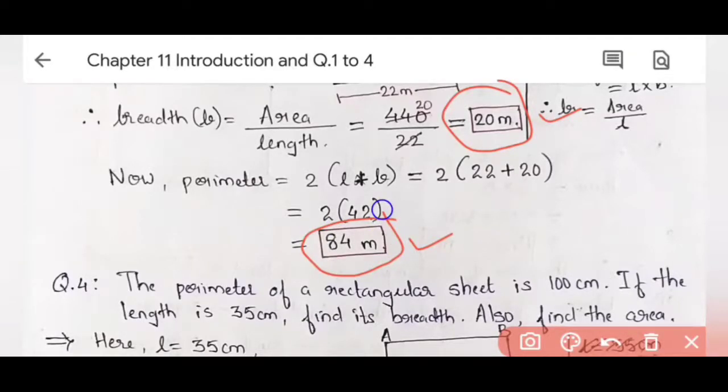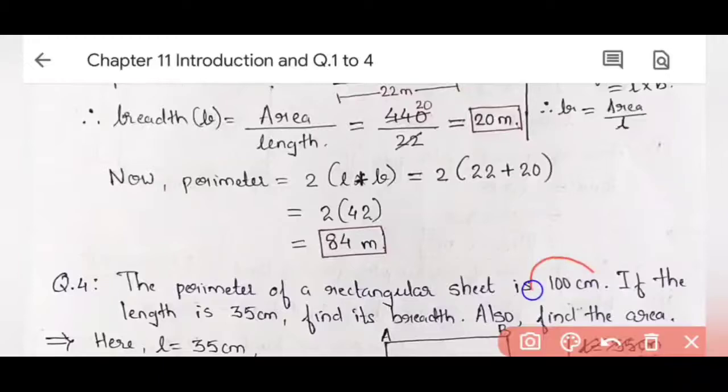Now moving to the next question, that is question number 4, which will be the last question of today's lecture. The perimeter of rectangular sheet is 100 centimeter. They have given us perimeter of the rectangular sheet of paper. If the length is 35 centimeter, find its breadth, also find the area.